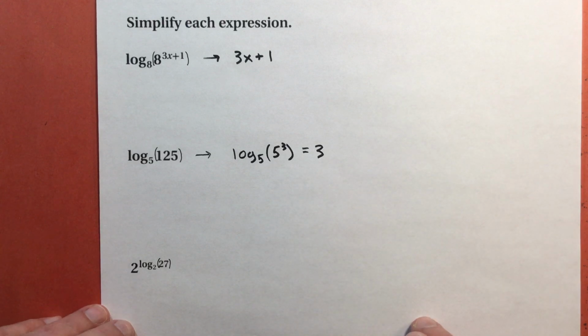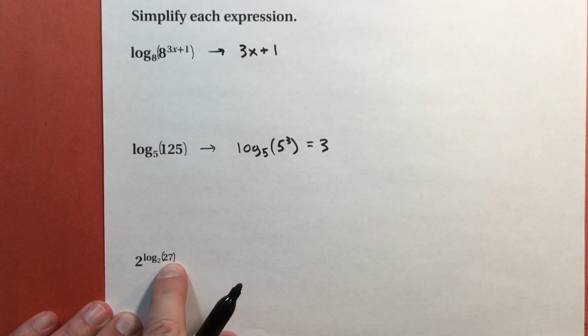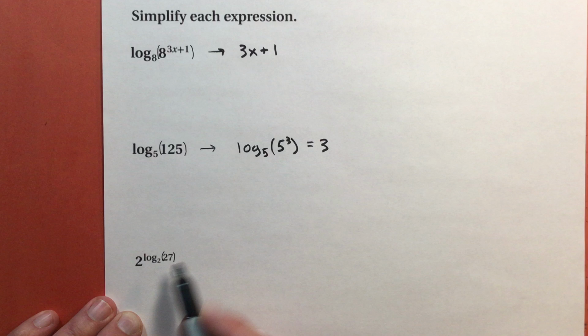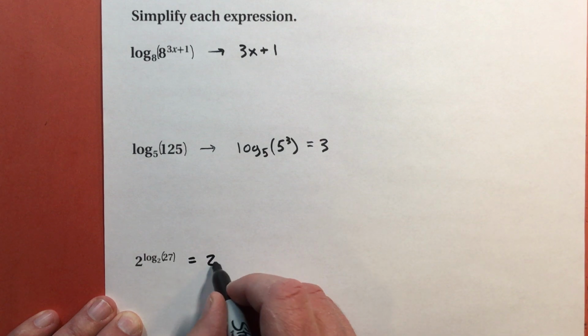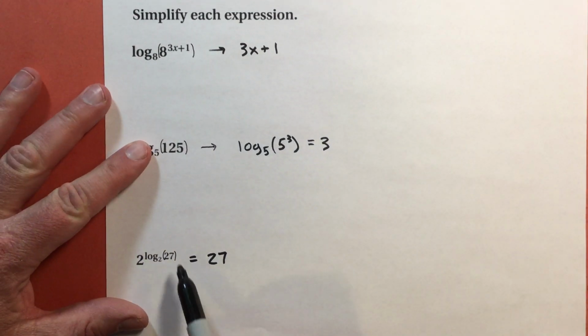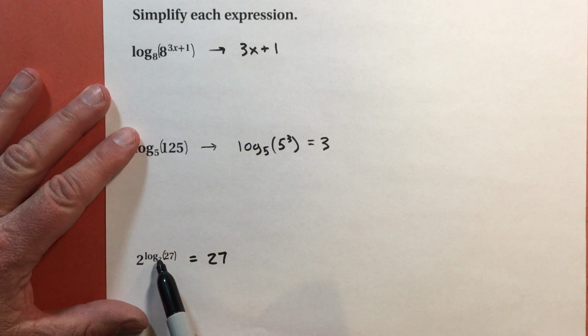And for the last one, I have 2 raised to a power that has a logarithm. So since the base of the exponent is the same as the base of the logarithm, this just equals 27. That's all. So this would be 2 to what power?